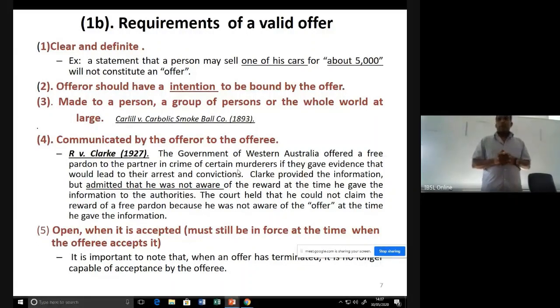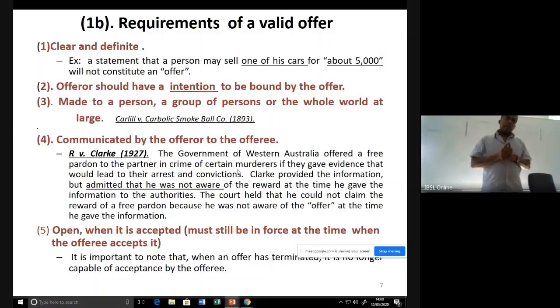The offer is not accepted and there is no agreement. So what I want to tell you here is that if the offer indicates a certain period, then after the expiry of that period, the offer comes to an end. That is the point that you have to remember.